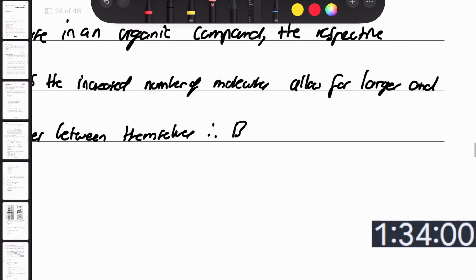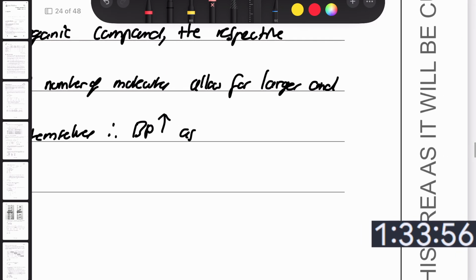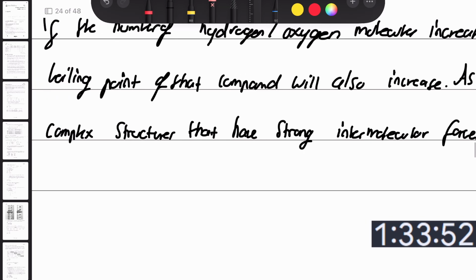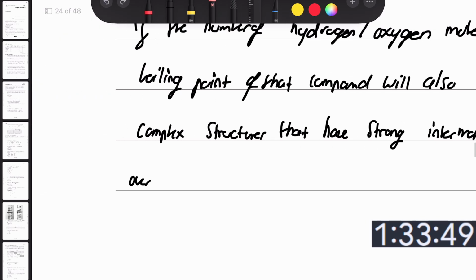Therefore, boiling point increases, as more energy is needed to overcome IMF. Will also increase.